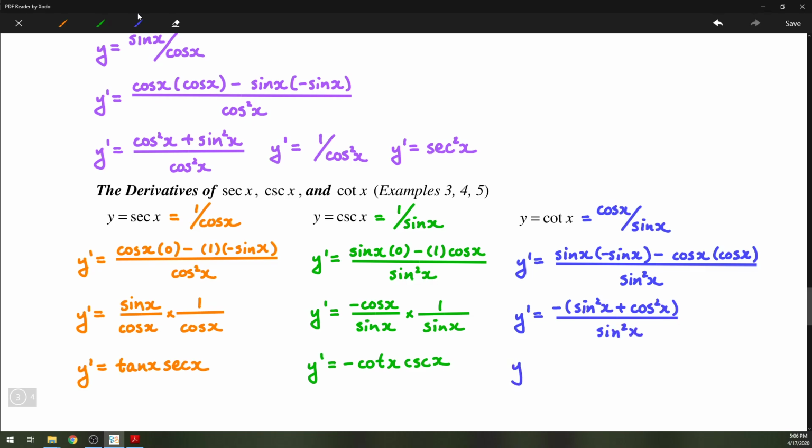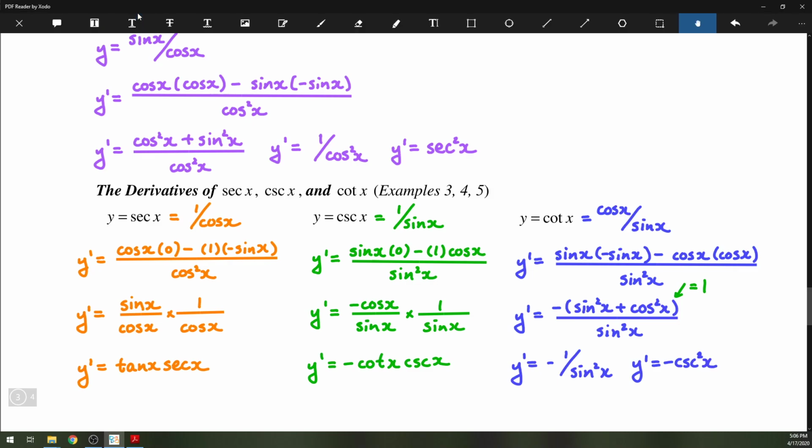Alright, so just like before, using the identity, this is equal to 1. So you just have negative 1 over sine squared x. So y prime is equal to negative cosecant squared x. Okay, kind of what you expected. Maybe did not expect the negative sign, but it is there.